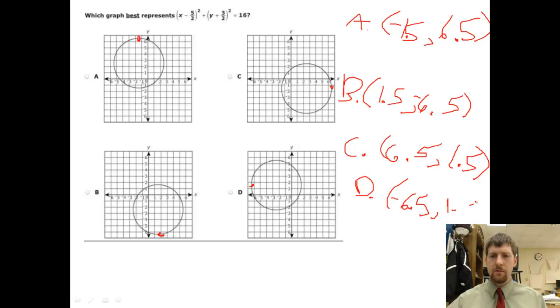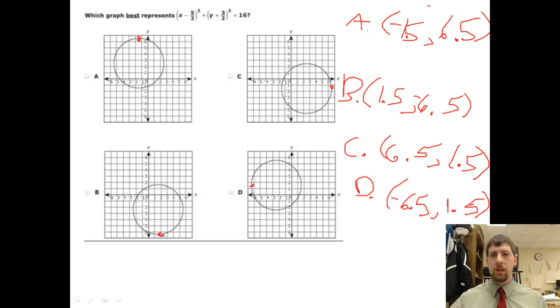So as you can see, we've just picked a point that shows up on each of the graphs, only one graph at a time. So -1.5 and 6.5 didn't show up on any of the other graphs. We're just picking a point unique to each one.